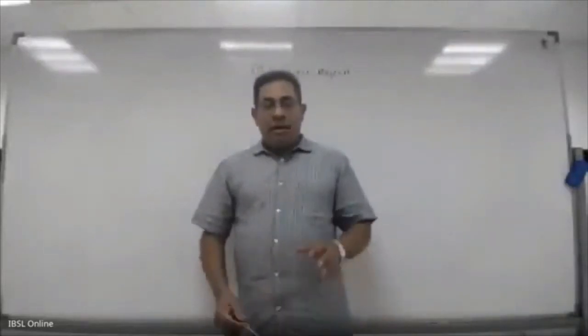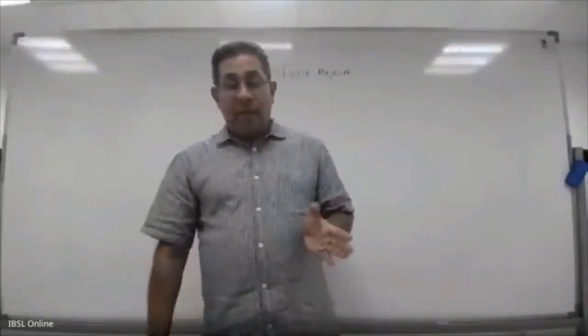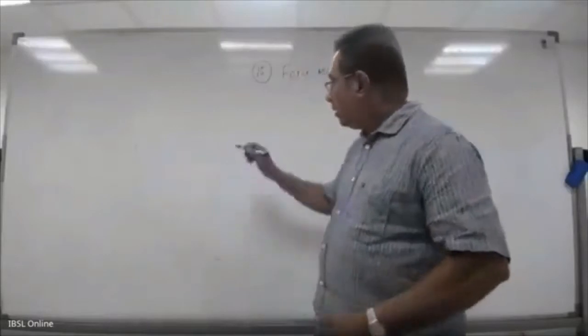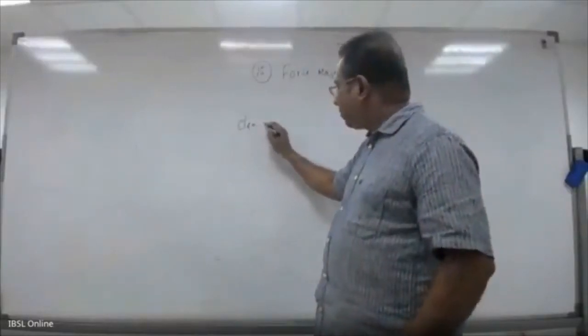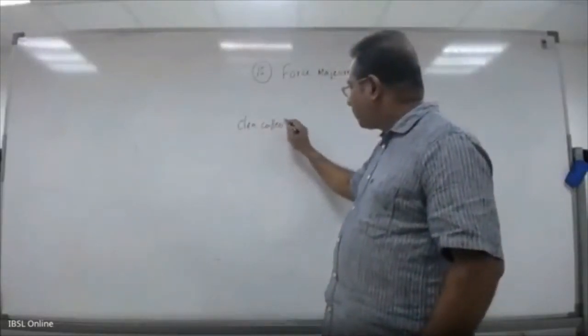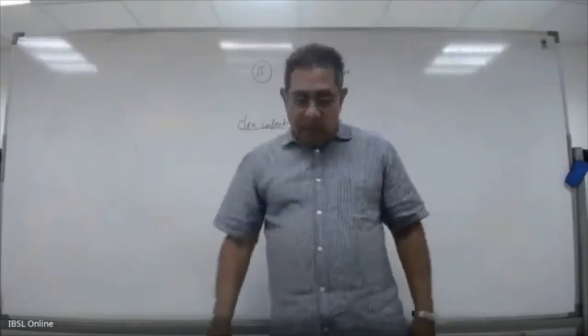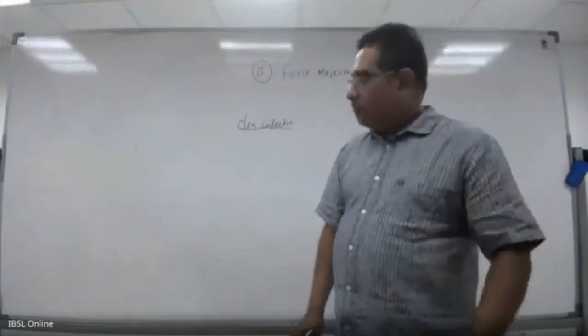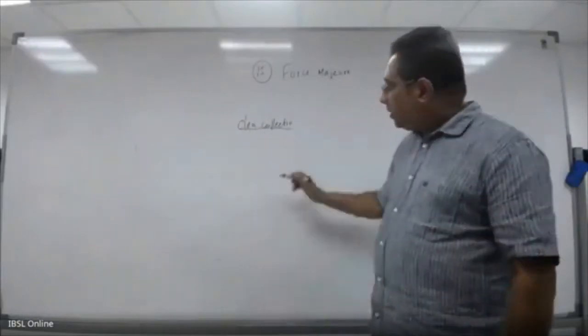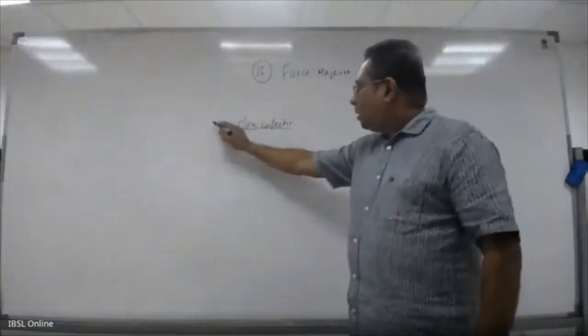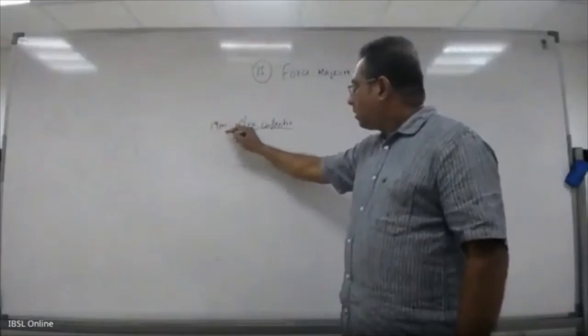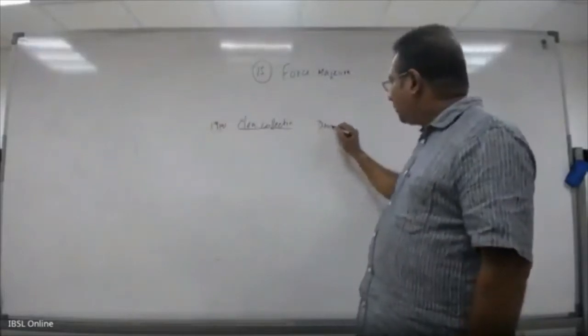Article 19a says about clean correction. If there's a partial payment in clean correction. Article 19b says about document correction.